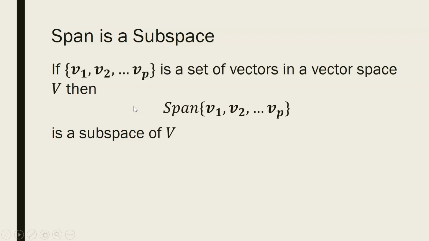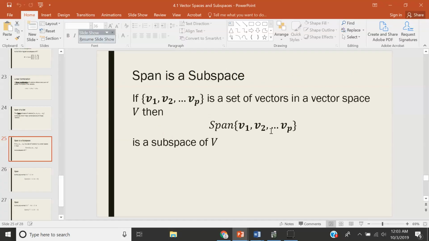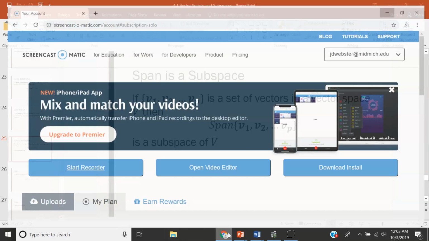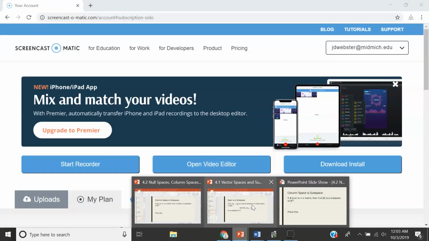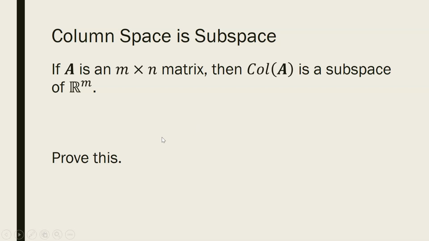Well, the column space is just the span of a bunch of vectors. We proved that, so I don't need to prove it again.